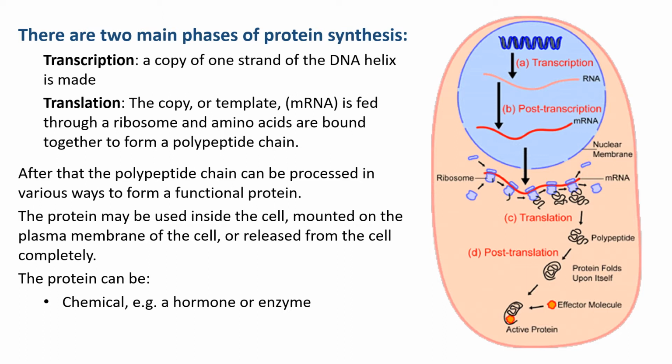So we could be talking about a hormone or an enzyme or a neurotransmitter even. It could also, the more complex folded polypeptides with multiple polypeptide chains bound together, become a structural protein. So we're talking about something like a receptor or a channel or various other structures around the cells or outside the cells.